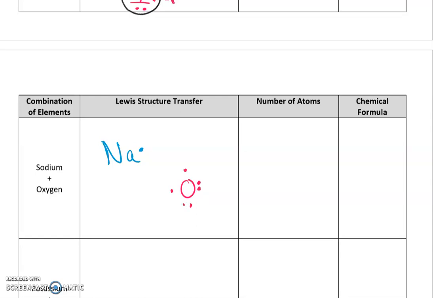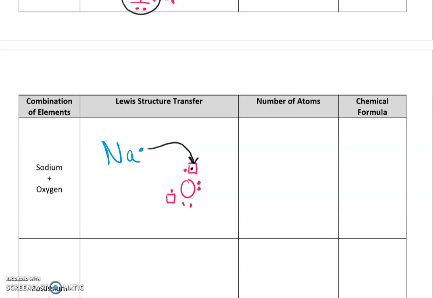Okay, and if we look at oxygen, we actually have 2 unpaired electrons that we need to fill. Now sodium has 1 that it's willing to give up. So sodium is going to give up its 1 electron and help out one of the pairs for oxygen here.